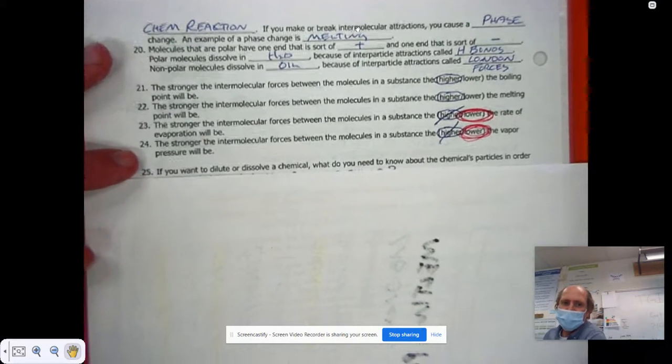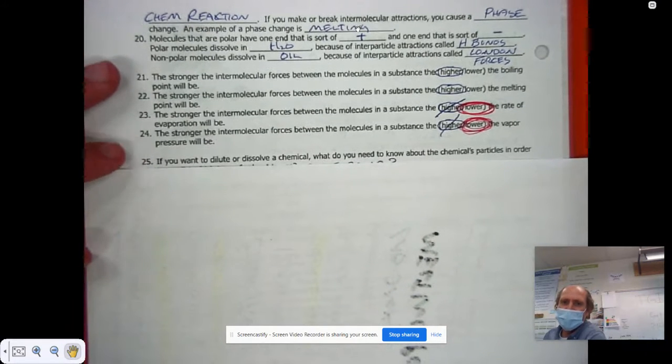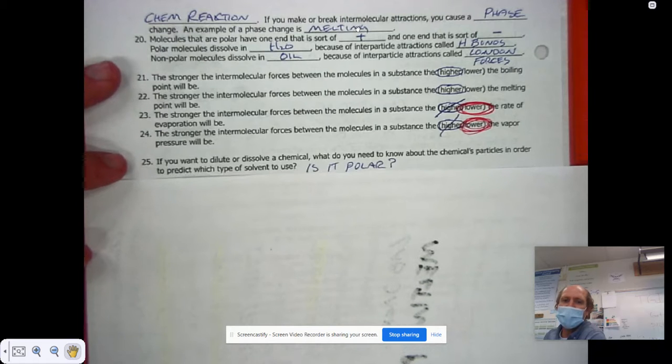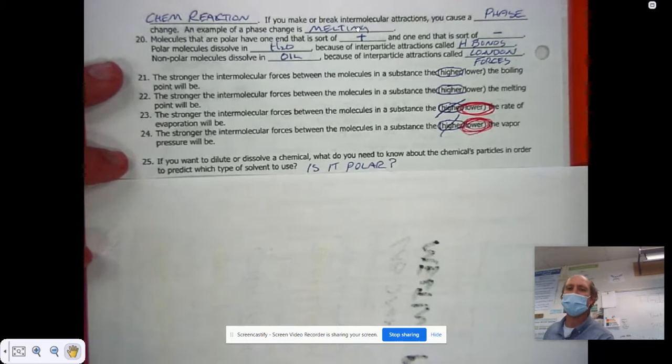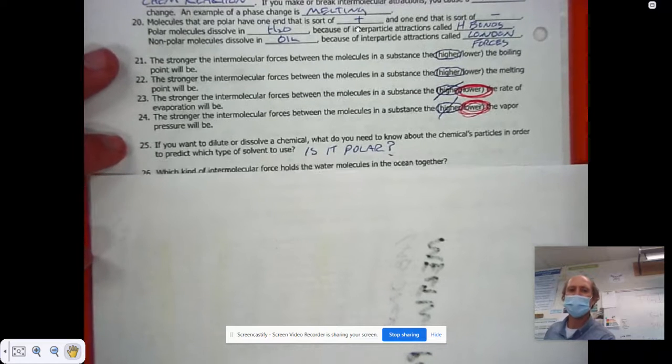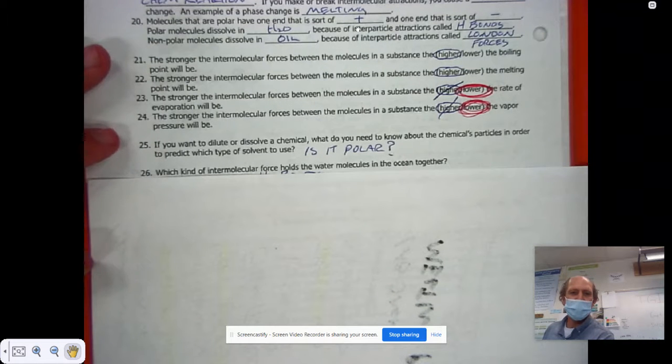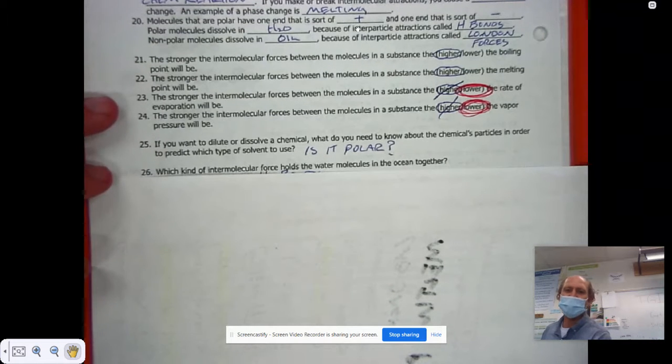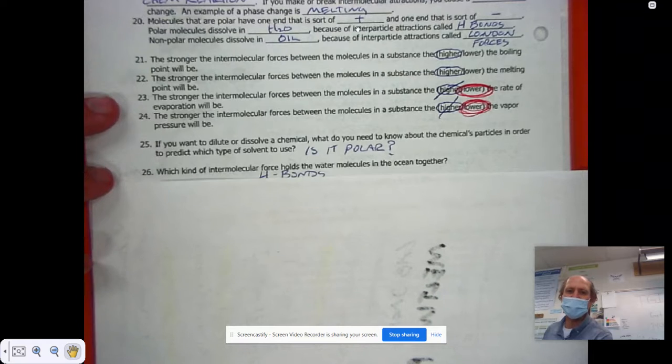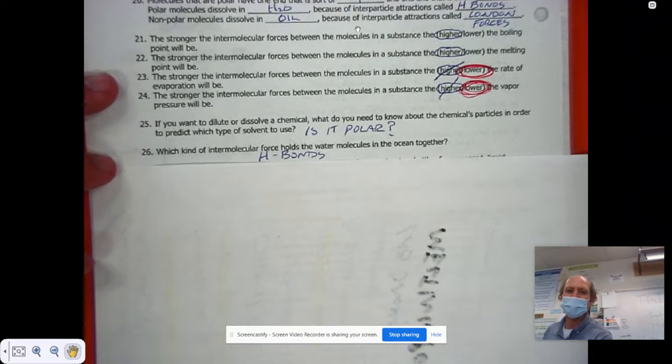If you want to dilute or dissolve a chemical, you're going to need to know whether the chemical is polar or not, so you know whether to dissolve it with an oily thing or a watery thing. Which kind of intermolecular force holds the water molecules in the ocean together? That'd be hydrogen bonds.